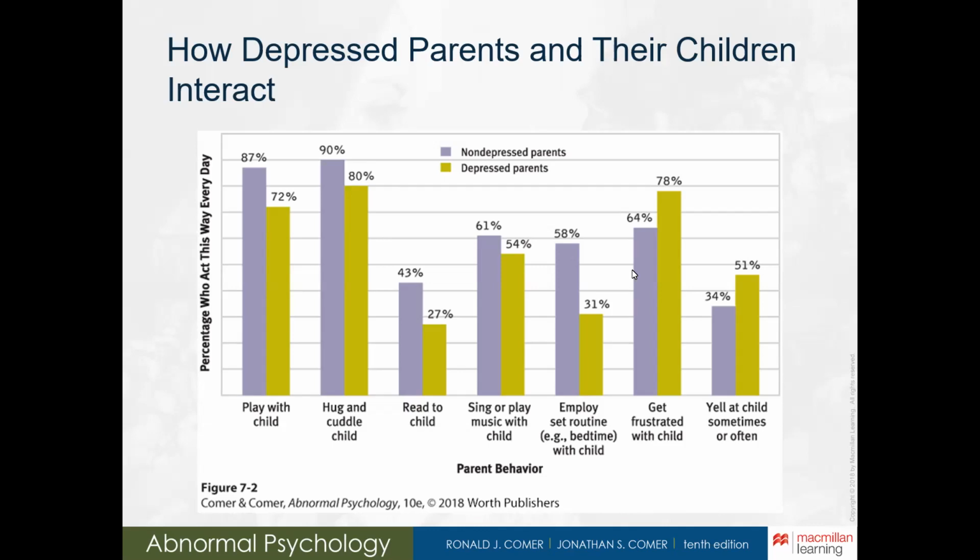Depressed parents are also more likely to get frustrated with their children on a daily basis. These problematic interactions may help explain the repeated research findings that children of depressed parents are more likely than other children to have emotional, cognitive, and or behavioral difficulties as they are maturing and aging.